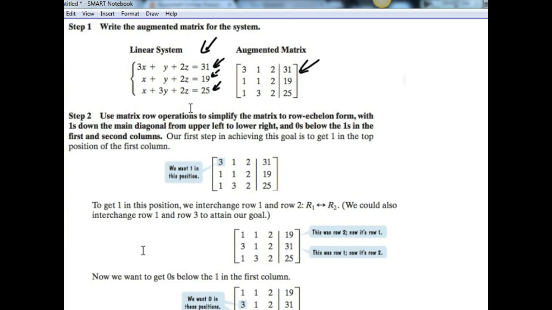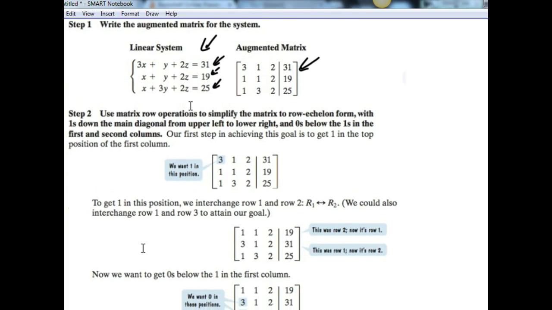Step 2 is that you're going to use matrix row operations to help you simplify to row echelon form, with the 1s down the main diagonal from upper left to lower right. That is called your main diagonal. It's this one right here.